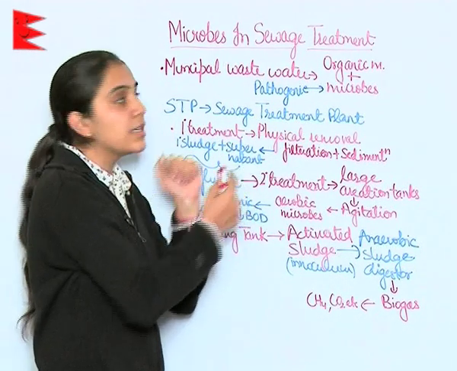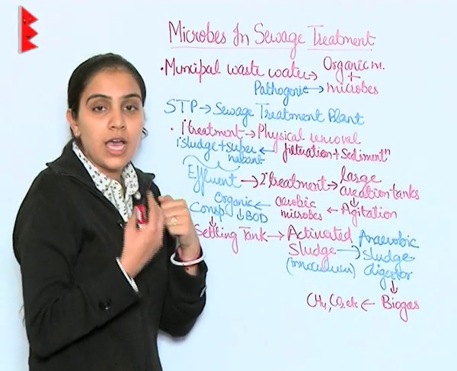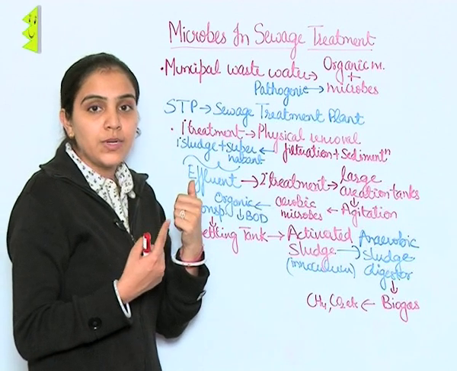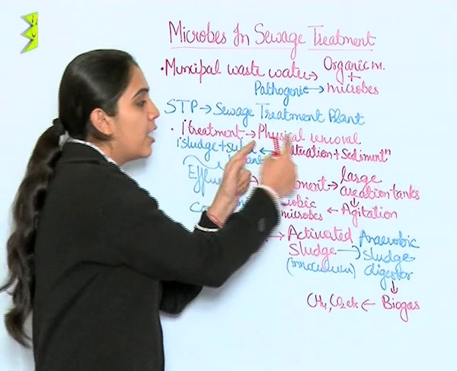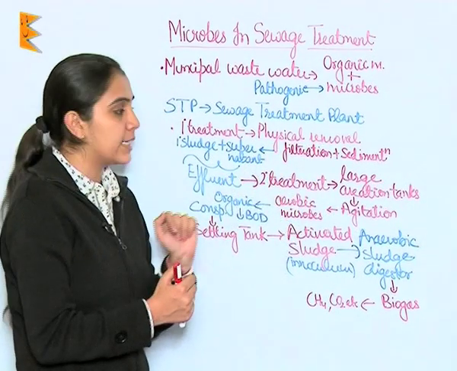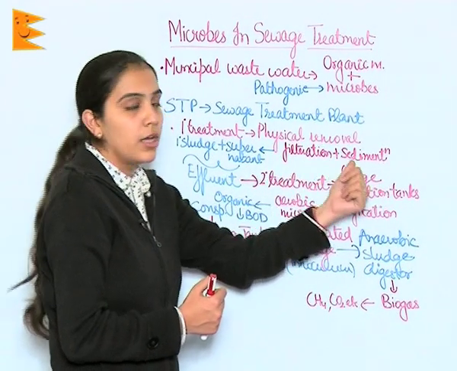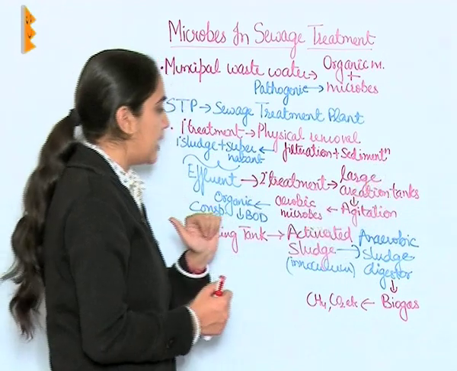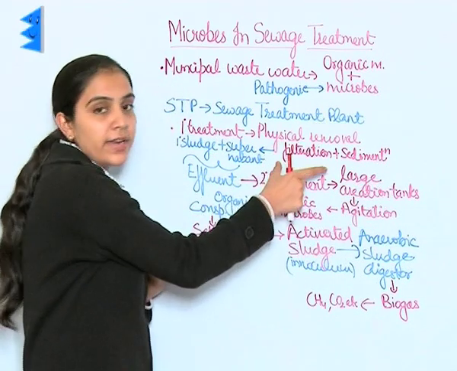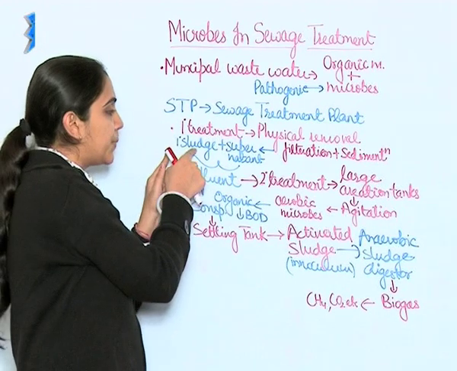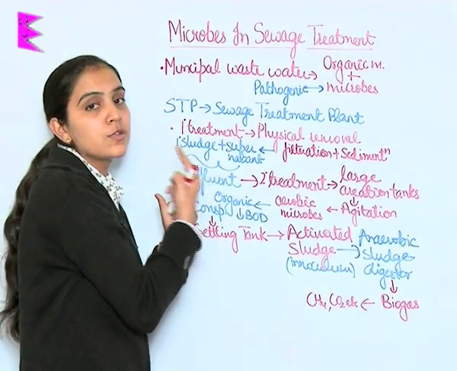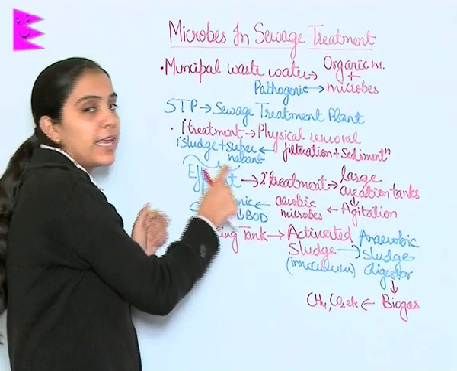In this plant, the treatment of sewage is done in two steps, primary treatment and secondary treatment. In primary treatment, physical removal of particles is done with the help of filtration and sedimentation. After filtration and sedimentation, the settled material, that is primary sludge, plus the supernatant forms the effluent.